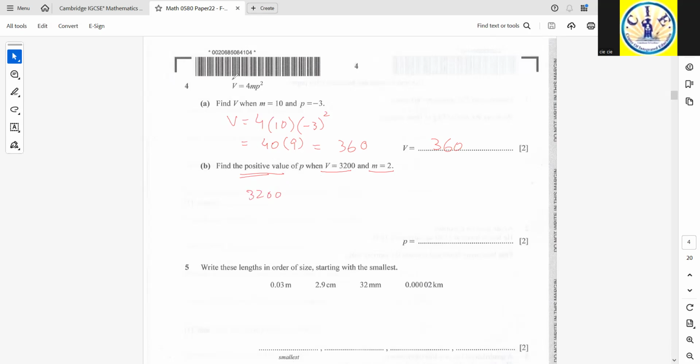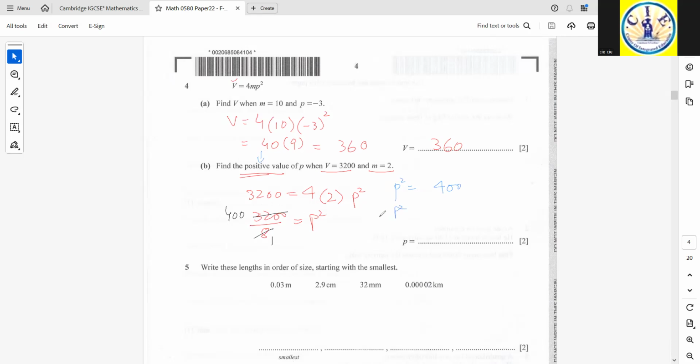Find the positive value of P when V is 3200 and M is 2. So replacing 3200 for V, 3200 is equal to 4 times M, which is 2, then P square. So this is 8. So 3200 divided by 8 is equal to P square. That gives 400. So the value of P square is 400 and then we need its positive square root.